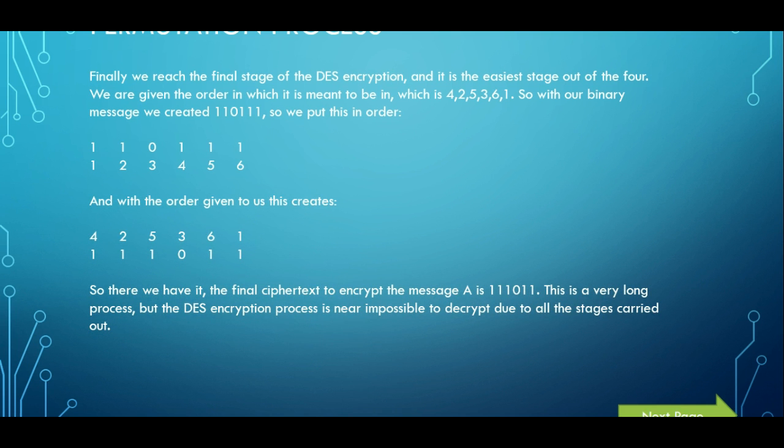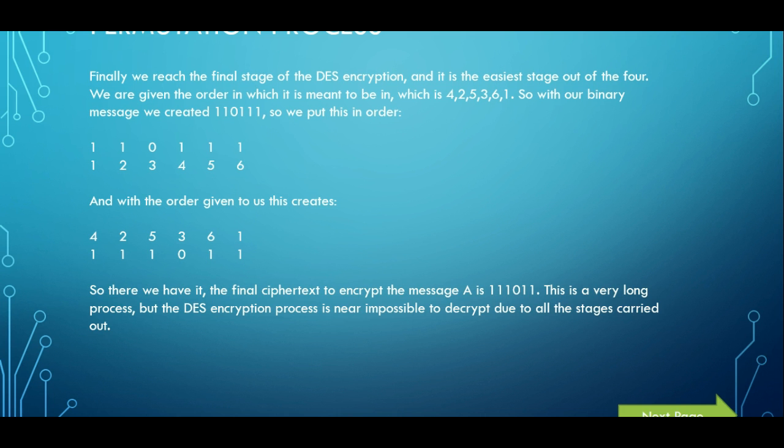So 4, as we know, is 1, 2 goes here, 5 goes here, and you just keep following that, and you eventually are left with 111011, and that is our encrypted message. That is our ciphertext. We have encrypted A to create 111011.